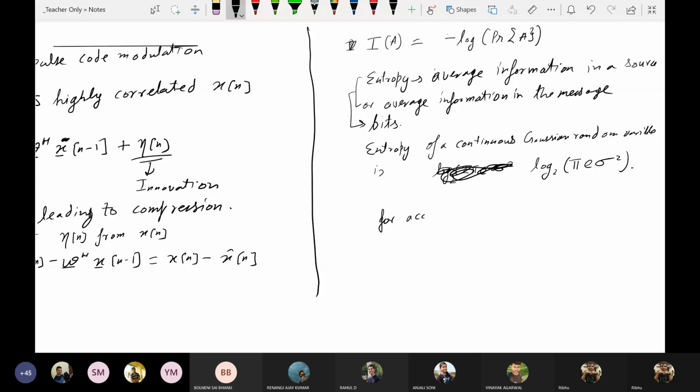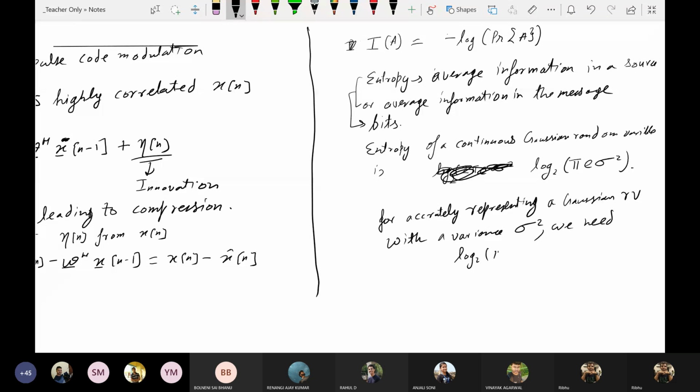for accurately representing a Gaussian RV with variance sigma square, we need log to the base 2 of that many bits.